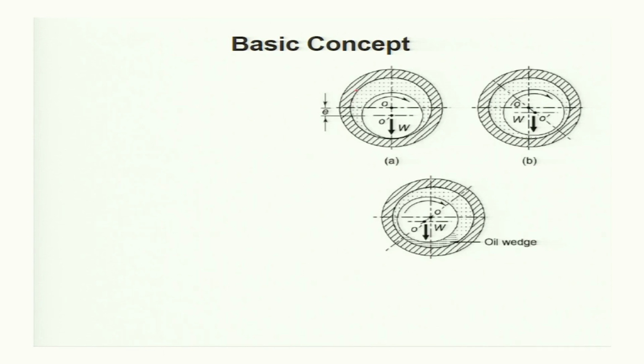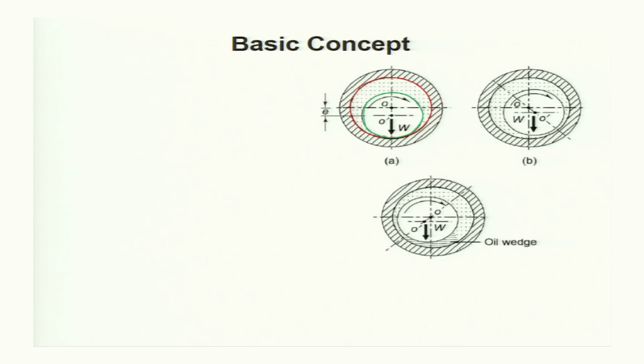Let us have a hydrodynamic bearing, where the dashed line, shown by this red colored circle, is the inner surface of the bearing, and this is the shaft, shown in green color.